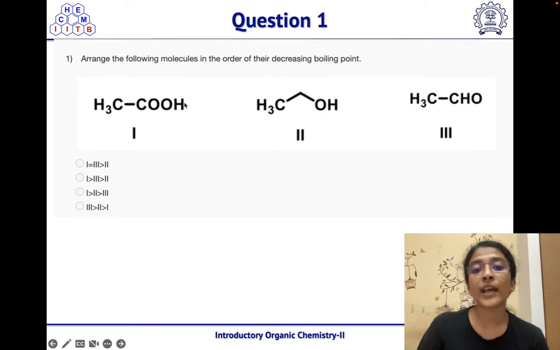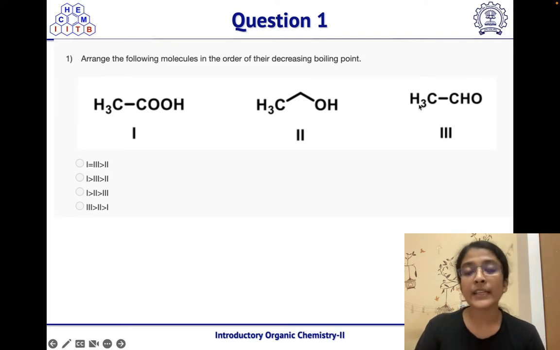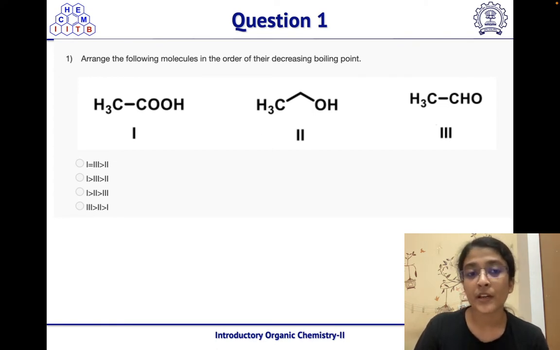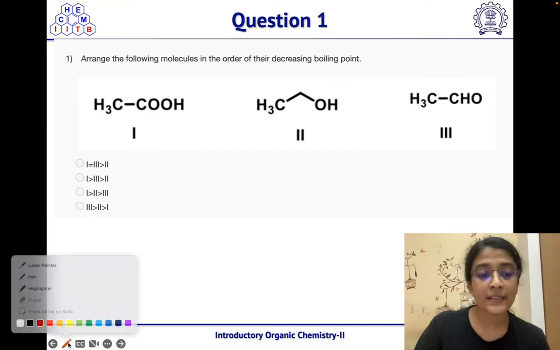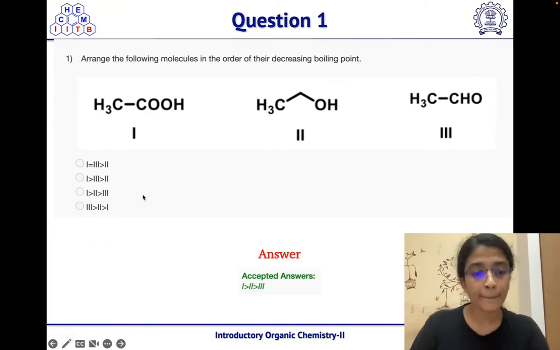These both account for the intermolecular hydrogen bonding that is taking place for the greatest boiling point in these two molecules. And in case of aldehyde, there is no possibility for formation of hydrogen bonding, and it will have the least boiling point.